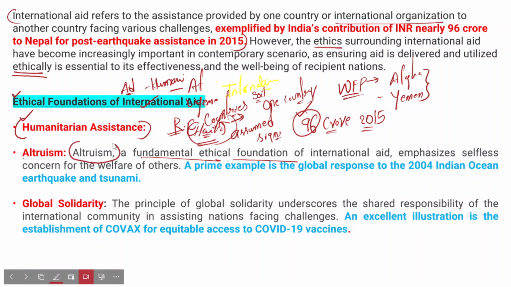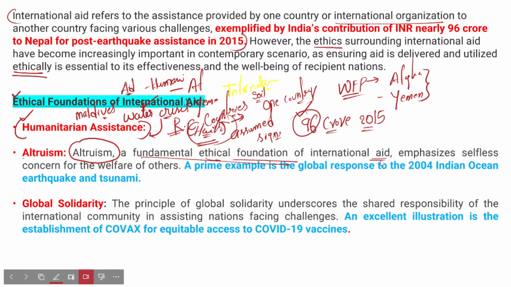For example, Maldives faced a drinking water crisis. India intervened and provided an enormous amount of drinking water to Maldives on altruistic grounds. So altruism is a fundamental ethical foundation in all international aid related matters.